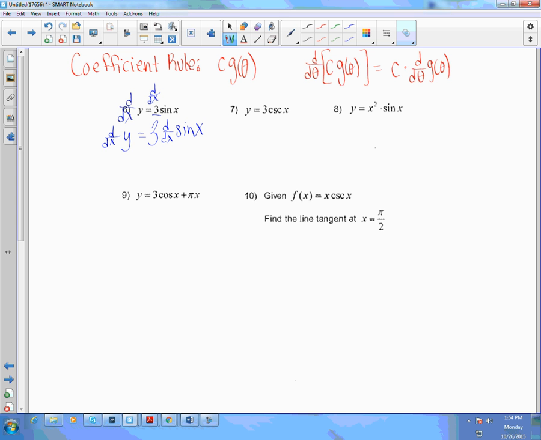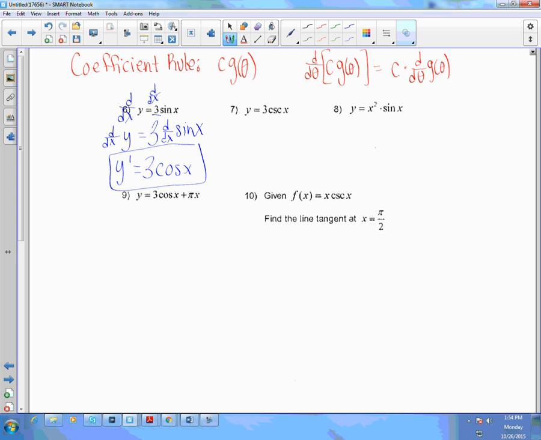What's the d dx of y? That's the derivative of y. That's what d dx means, the derivative, y prime. Of 3 times the derivative of sine. Cosine. So the constant doesn't really do anything. It just tags along.